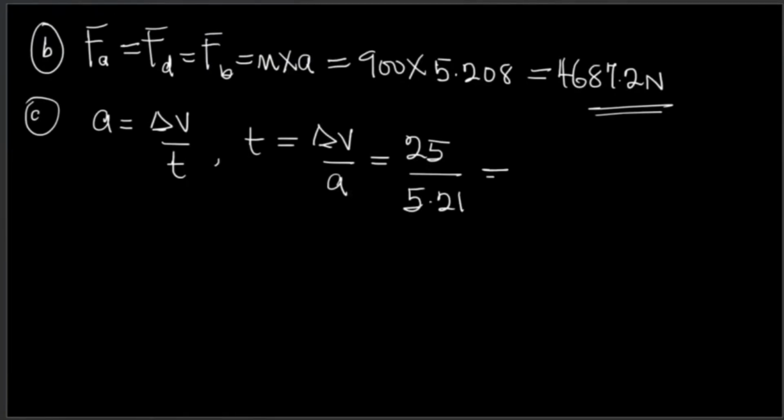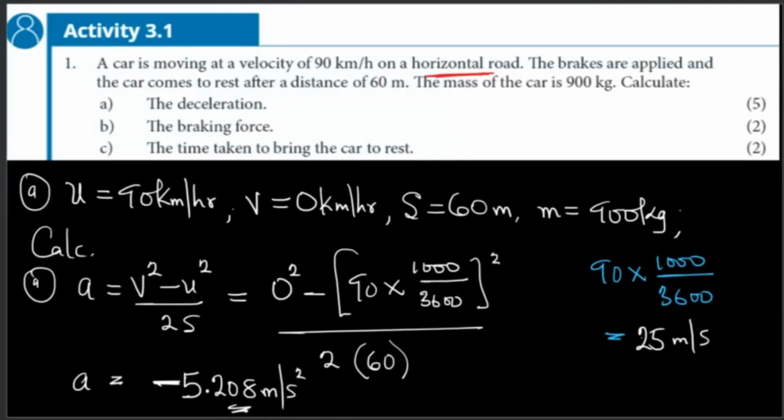I can use 5.21. This is what I was explaining. I think it was yesterday as well that I said you can't really get an exact answer. Someone here might write this answer as minus 5.21, not 5.208.